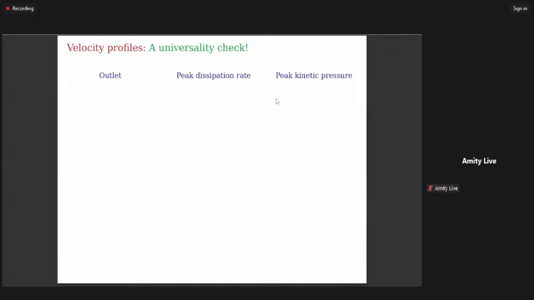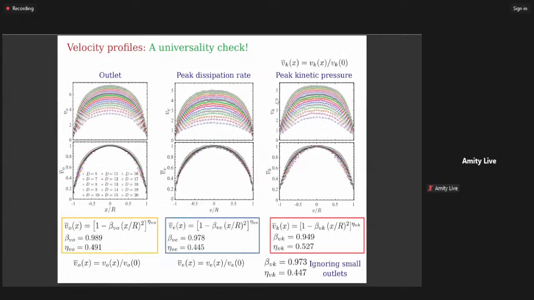Let me have a universality check. Why can't we have a connection only based on velocity? If I look at the velocity at the outlet, the velocity profiles computed at the locations corresponding to the peak dissipation rate and at the location corresponding to the peak kinetic pressure, they are self-similar in all cases, and their profile shapes are also similar essentially.